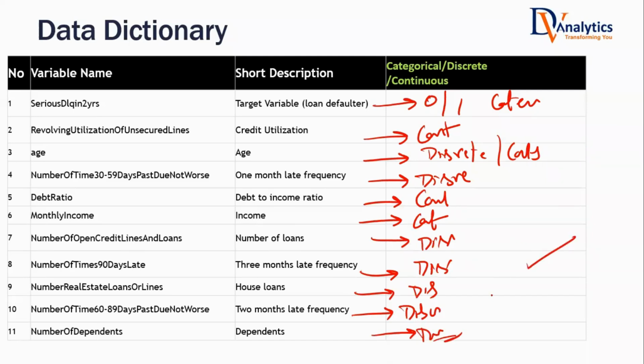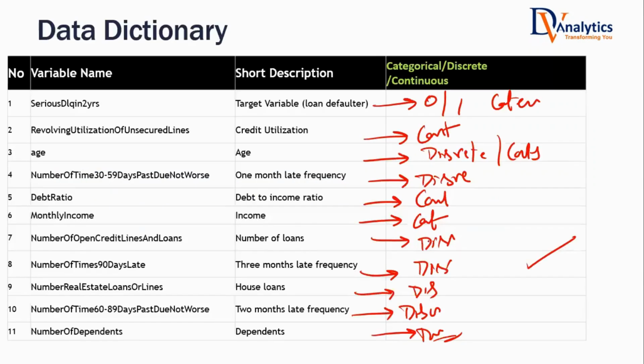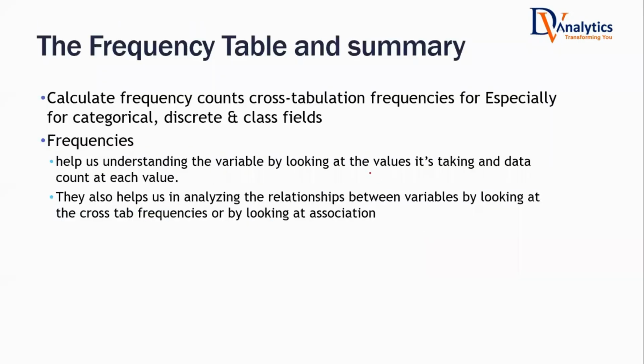So what we do is for categorical and discrete variables, we do the exploration separately. For continuous variables, we do the exploration separately. For categorical and discrete variables, since they take only a limited number of values, we do the exploration by looking at the frequency tables. Can you tell me what is a frequency table?